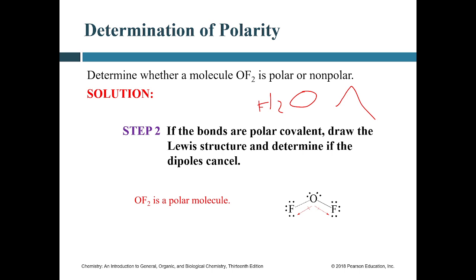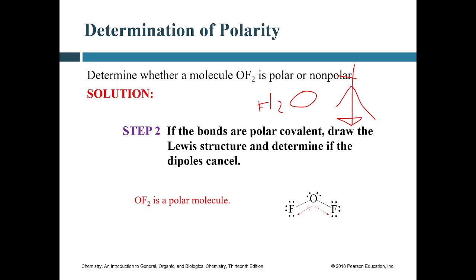That's one way you could think of this. You could take molecules you're used to and already know. In this case, we're going to have a positive side up at the oxygen and a negative side down at the fluorines. It's like reverse H2O.